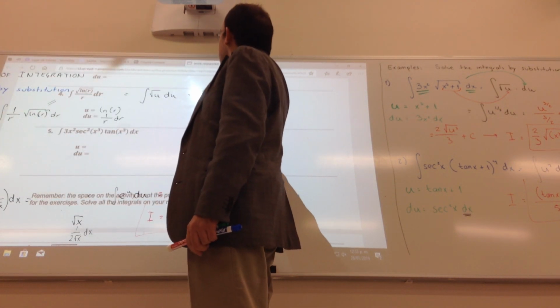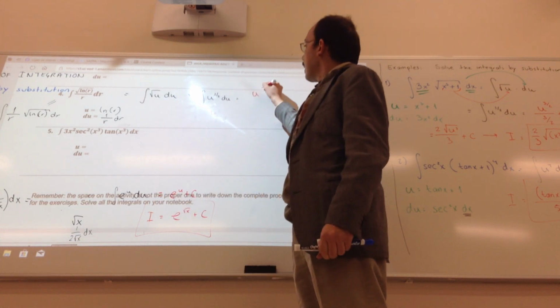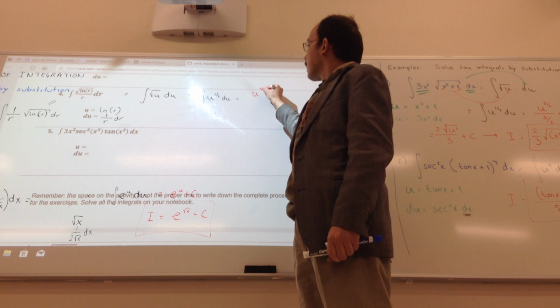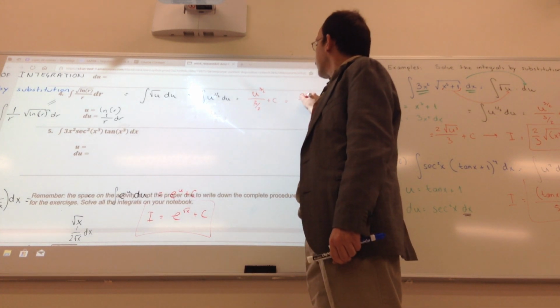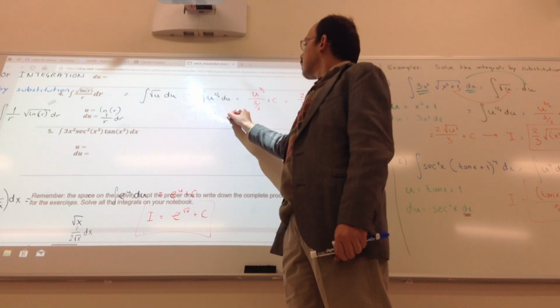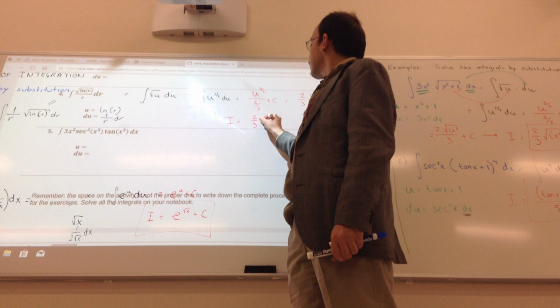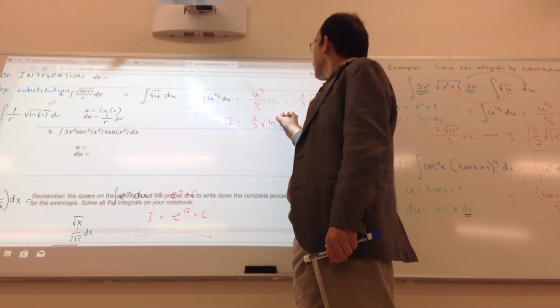We write and solve: u to the 3 halves over 3 halves plus c, so 2/3 square root of u to the cube plus c. The solution is going to be 2/3 square root of ln r to the cube.